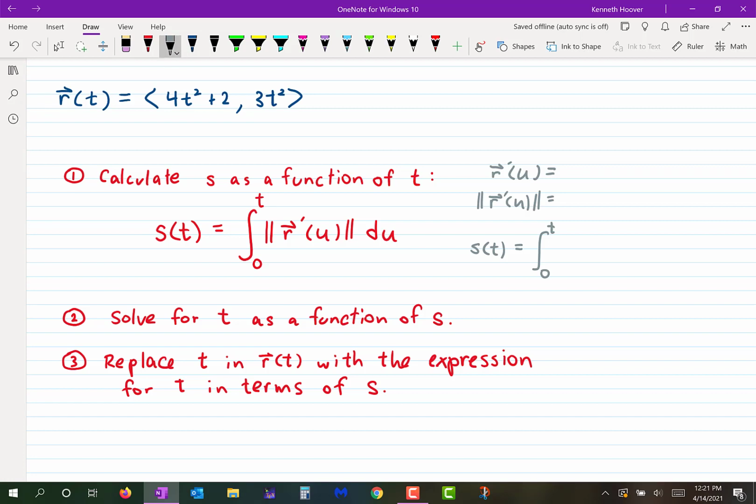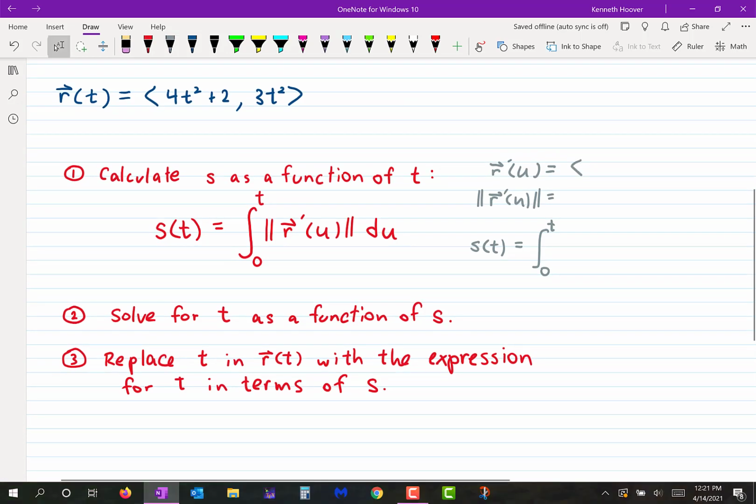Okay, so what would be r prime of u? Think about it. It would be 8u, comma, 6u, right? That should be pretty easy. We're just doing derivatives and replacing the variable t with the variable u.